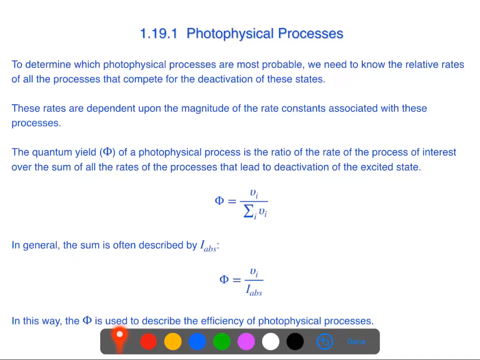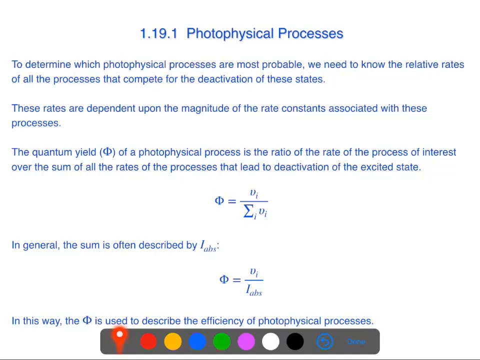The quantum yield, given as phi, of a photophysical process is the ratio of the rate of the process of interest over the sum of all the rates of the processes that lead to deactivation of the excited state. So as shown, phi is equal to the specific rate with respect to a particular process over the sum of the rates of all the processes that are potential deactivation pathways.